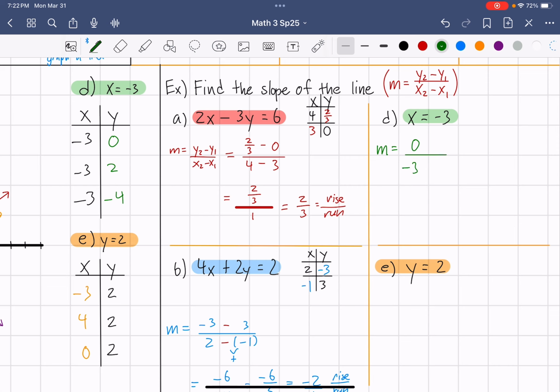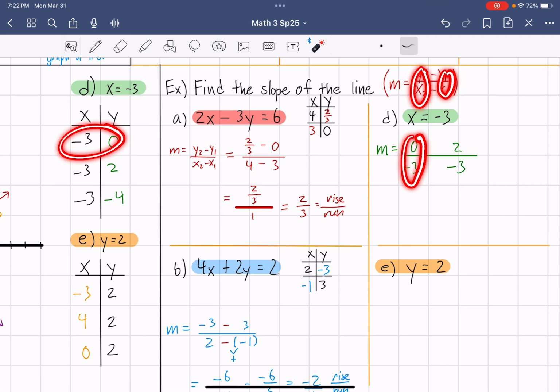And then the other ordered pair is going to be 2 and negative 3. Remember, the idea is from the same ordered pair. This is 0, negative 3. This is 2, negative 3.